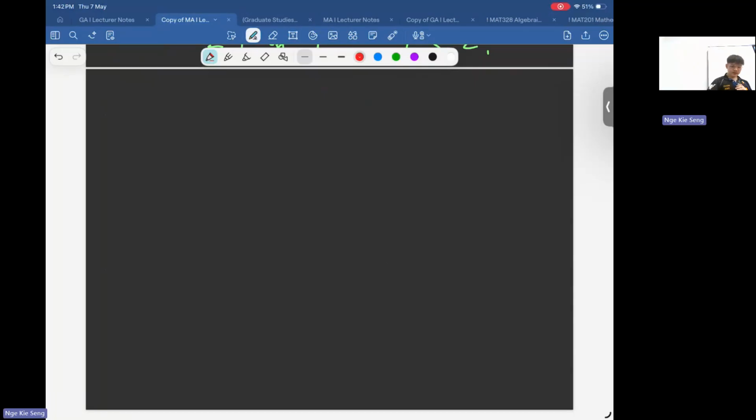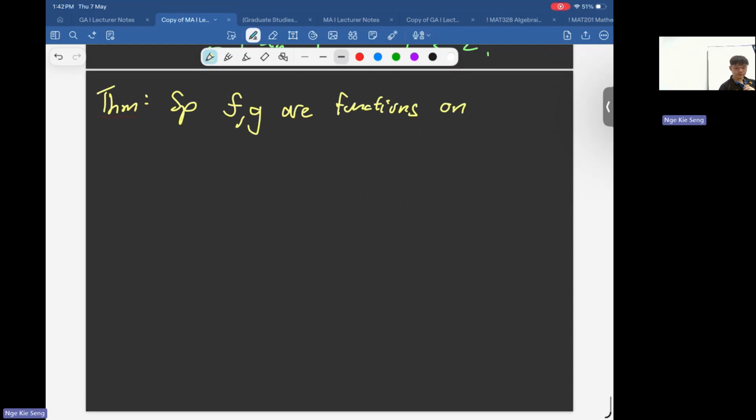Similar to the limit laws, we also have very similar continuity laws. So suppose f and g are functions on domain A which are continuous at p.